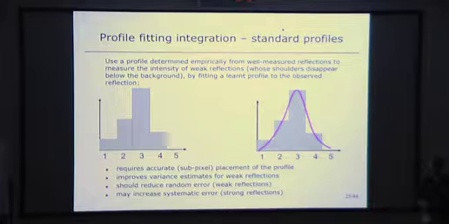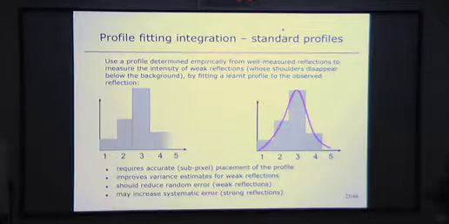In profile fitting, what we do is we have to work out what our profiles are going to be. So we use what are known as standard profiles. We find some good, strong spots that aren't overloaded, aren't too weak, and calculate an average profile for what those spots would be if we normalised their intensity. But we need to be able to place our profiles accurately to within about 1/10 of a pixel or so.